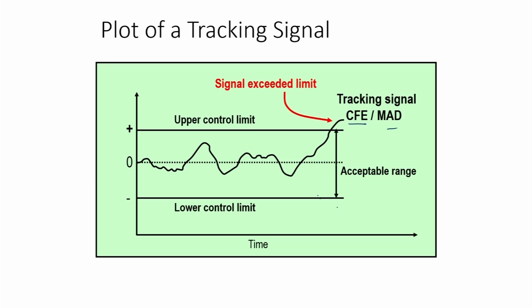Okay. If it is going below the control limit, that means you are underestimating, and if it is going above the upper control limit, that means you are overestimating, your bias is more, cumulative forecast error is more as a percentage or as a fraction of absolute deviation. So, a very important parameter to see the quality of your forecast method.